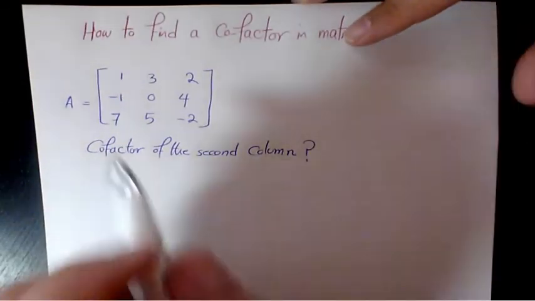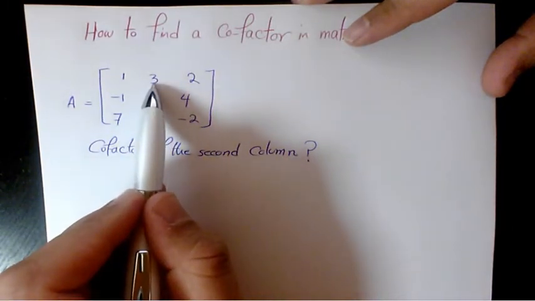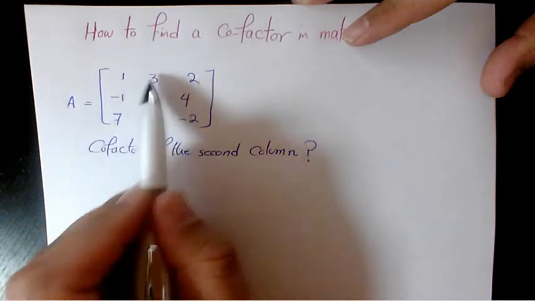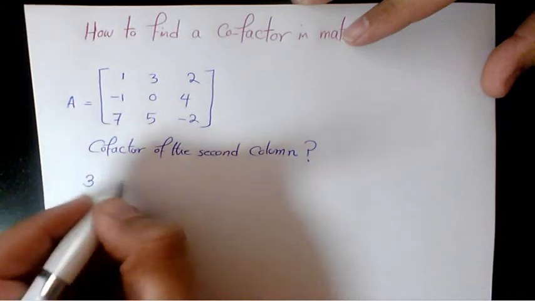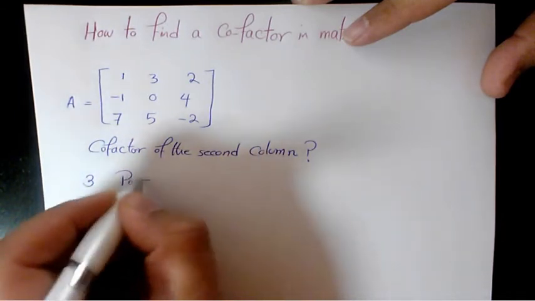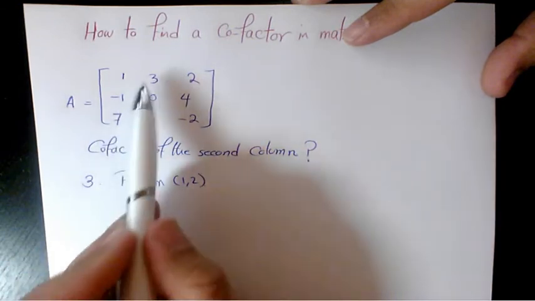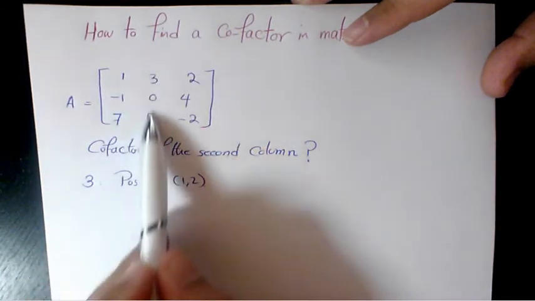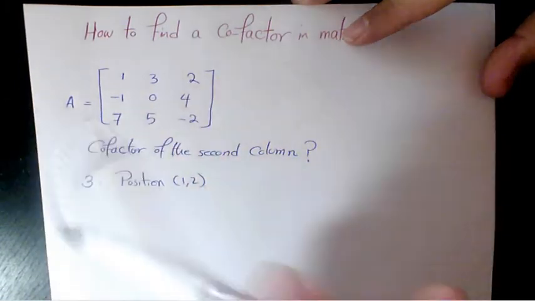So the first term on the second column is 3 and the position is 1 and 2. It's on the first row, second column. Then we need to remove this row and column and find the determinant of the rest of it.